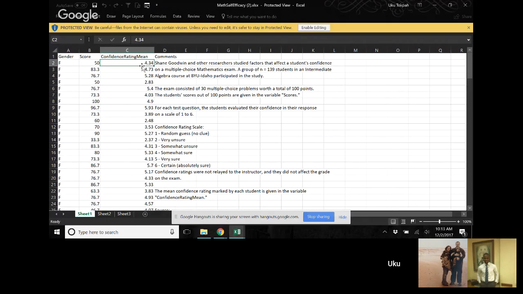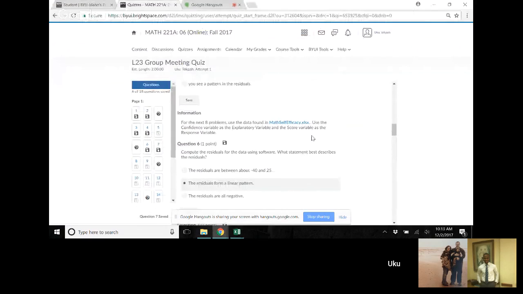But they put X here and Y here so that we'll have to switch it around. If you don't get that right, every other question will come out wrong. So the score variable here is Y, and the confidence is X, because the question says the score variable is the response variable, and that's Y. Does that make sense now?